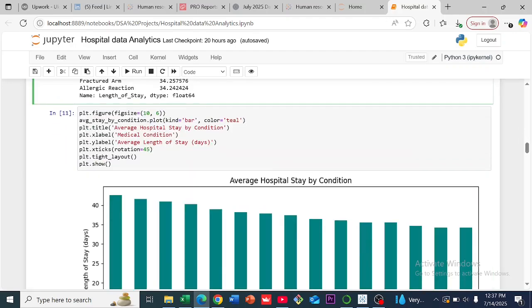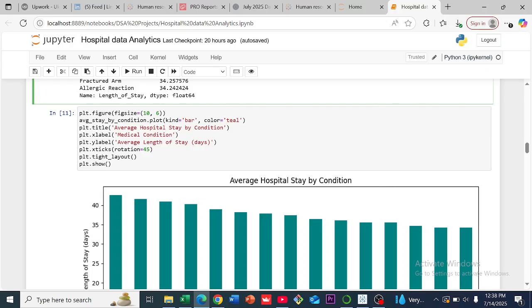So if we take a look at this, I first of all set the size of my chart to 10 by 6. So 10 means the width is 10 while the height is 6.